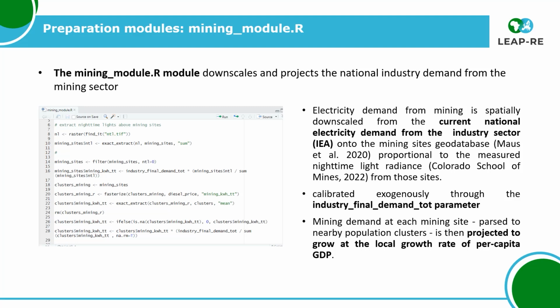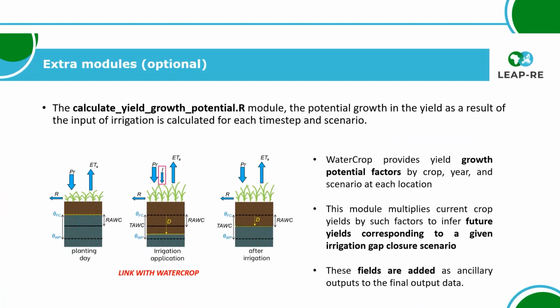So we distribute the total industrial demand, which is defined in the scenario model with the parameter industry final demand tot, onto the clusters based on where we know that mining activity is taking place and proportional to the intensity of light radiance that is observed in those areas. Then the mining demand is projected to grow in the future at the local growth rate of GDP per capita.